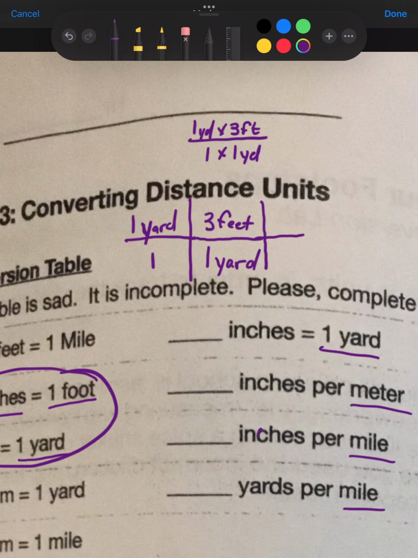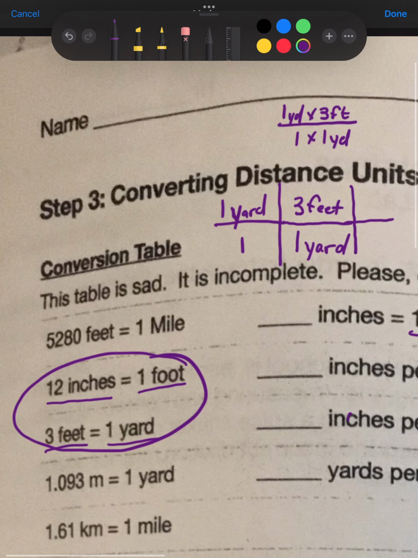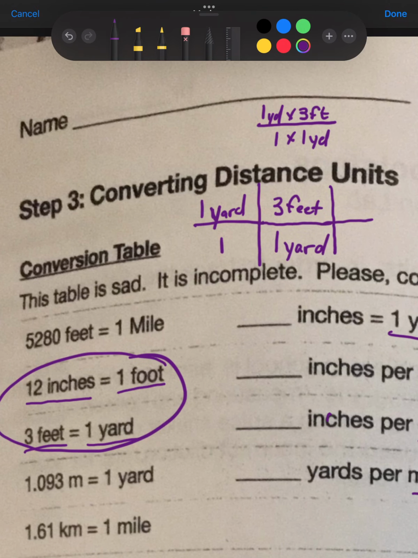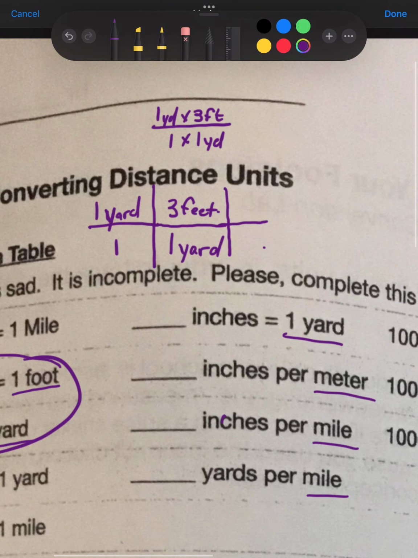So I'm going to come over here and take a look. How many inches are in 1 foot? Well, there's 12. And I want to get rid of feet. You see that? Feet are on top, and I want inches on top. So I need to put feet down here in the denominator in order to get rid of that unit. So I put 1 foot, because for every 1 foot, I have 12 inches.